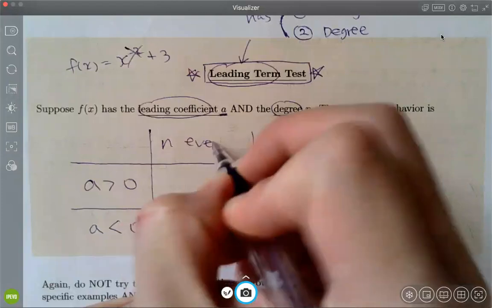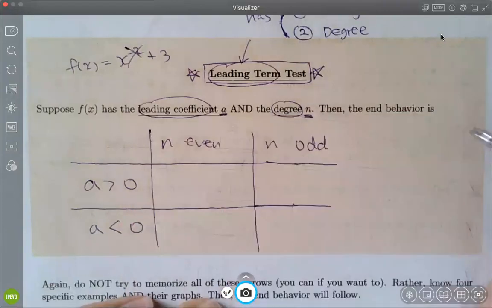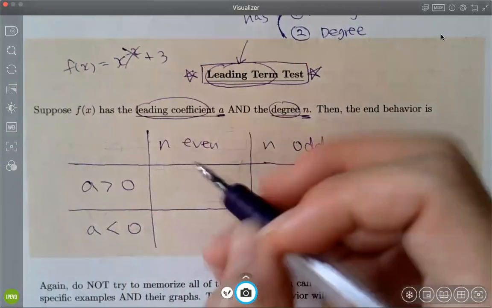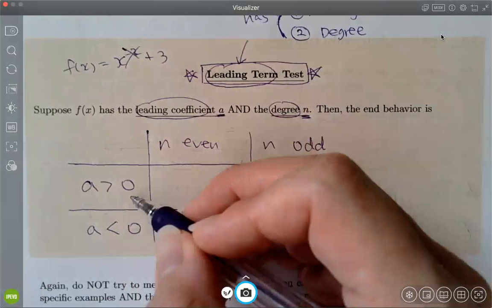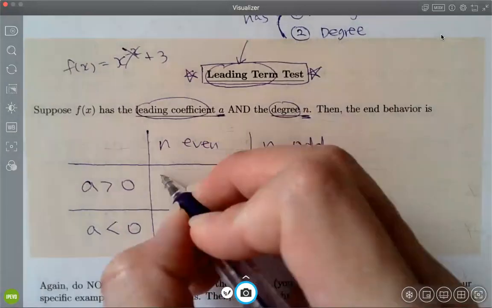Even and odd. So the degree cannot be negative. Only the coefficient can be positive or negative, but the degree is always positive, so it has to be even or odd. Now we have to fill in the blank. For an even degree and a positive leading coefficient, the end behavior is this.